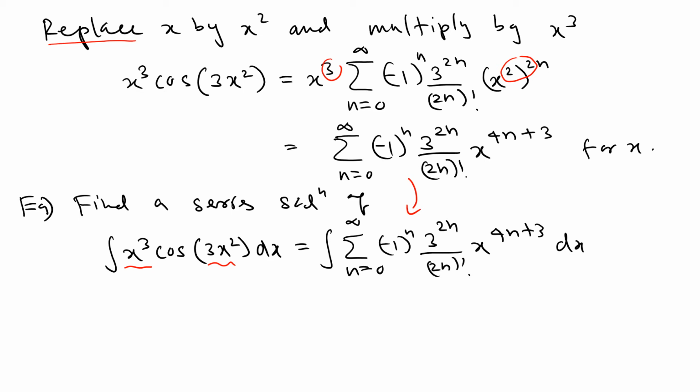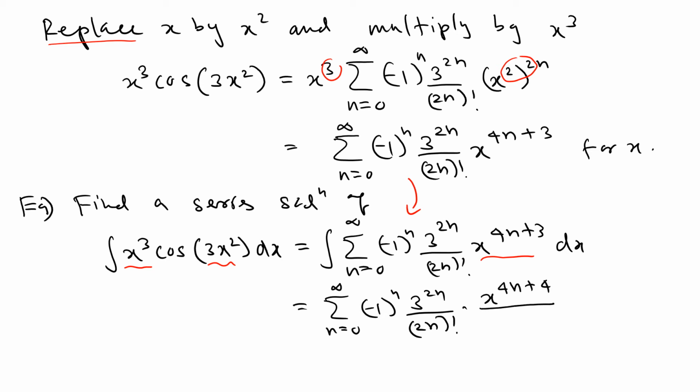Now what we can do is switch the summation and the integral and integrate the x term, because that's the only one we can integrate. So we get the sum for n going from 0 to infinity, negative 1 to the n with no change, 3 to the 2n over 2n factorial, and then x to the 4n plus 4, since you add 1, divided by 4n plus 4, plus c.